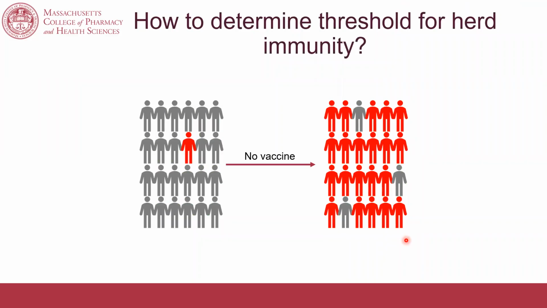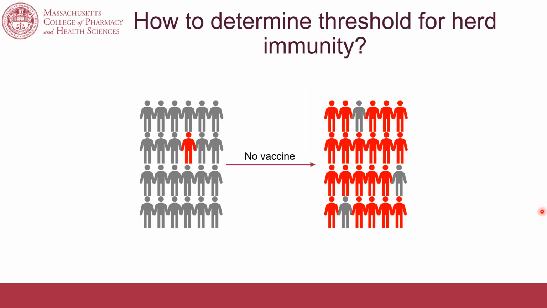So how do we determine the threshold for herd immunity? I keep on referencing that. Essentially, to understand and answer this question, you have to know how infectious the pathogen is. And once you can understand that, well, then we can determine how much herd immunity is needed in the community.